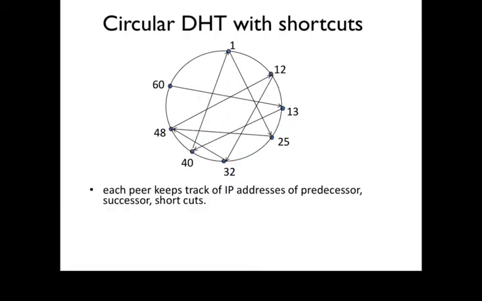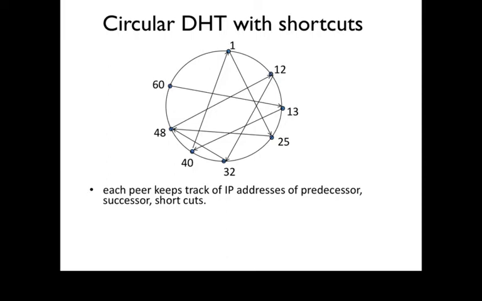Awesome. So basically, if you want to do something like that, you need a DHT with shortcuts, right? Each peer not only knows its immediate successor and predecessor, but it should also know somebody more. As an extreme example, you can assume that every peer knows multiple shortcuts.